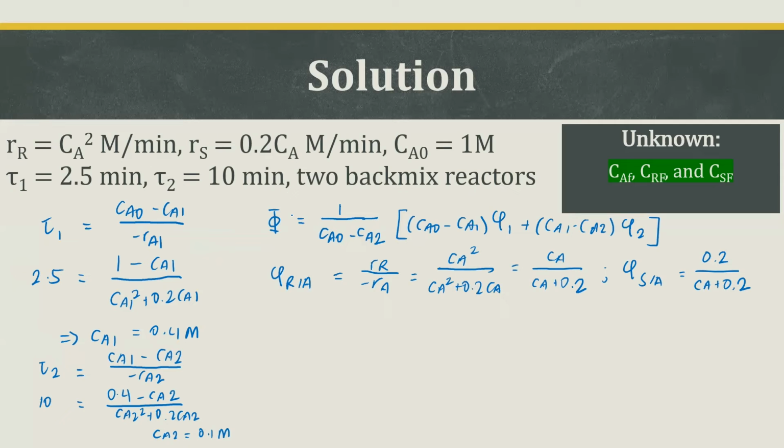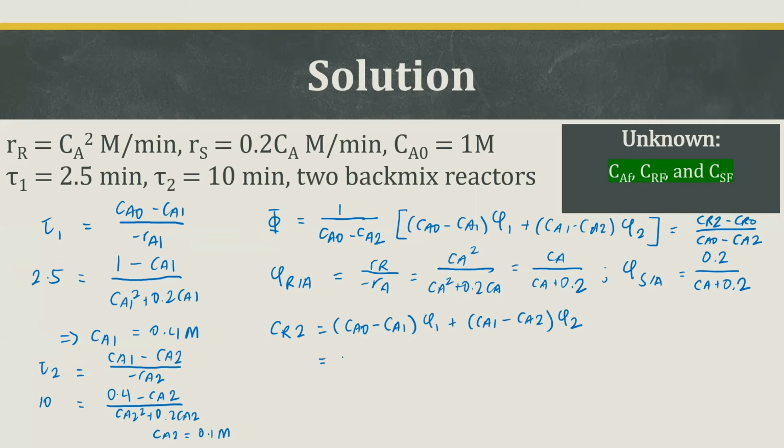Now, to solve for the final concentration of R, remember that the overall fractional yield is also equal to CR2 minus CR0 all over CaO minus Ca2. So basically, the denominators will cancel, and CR0 is equal to 0. So we can express CR2 as CaO minus Ca1 times the phi of 1, plus Ca1 minus Ca2 times the phi of 2.